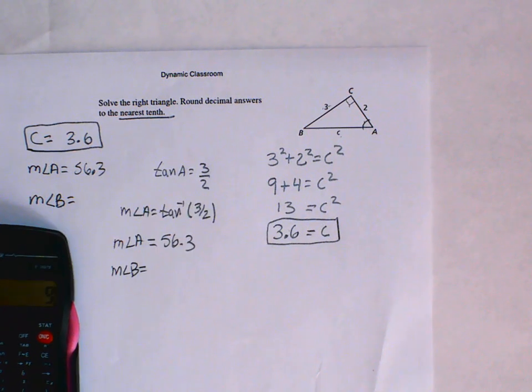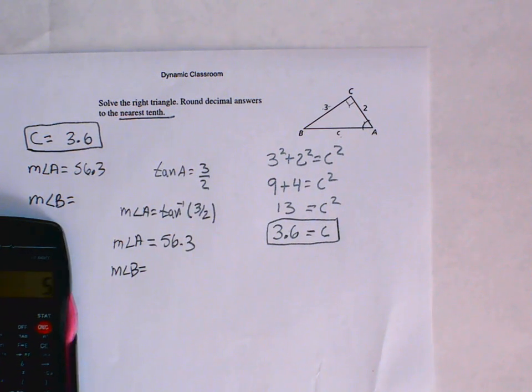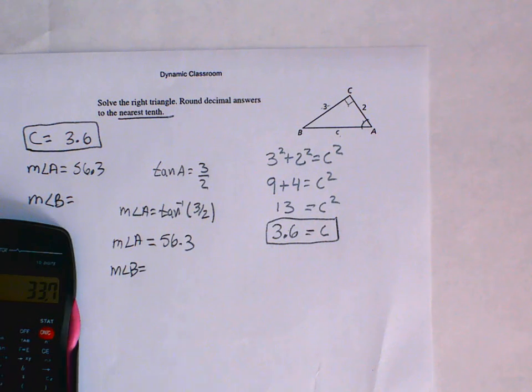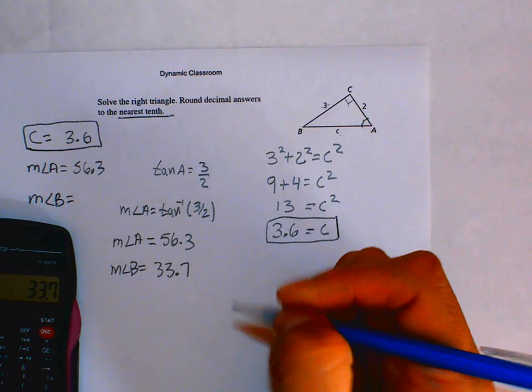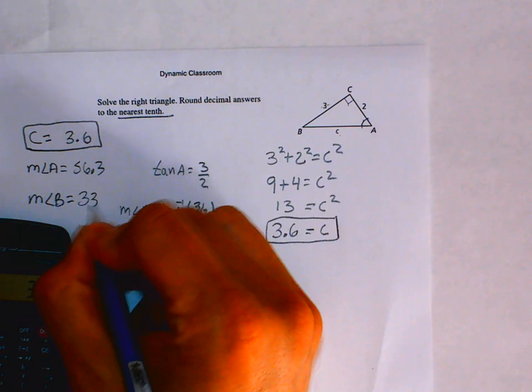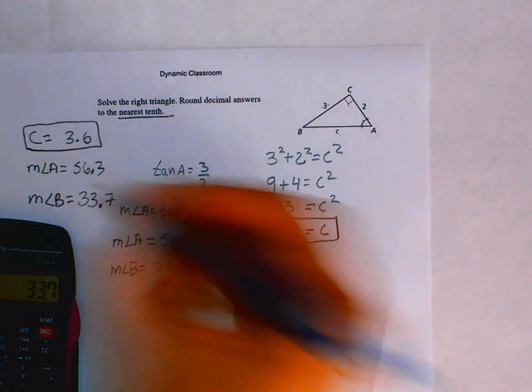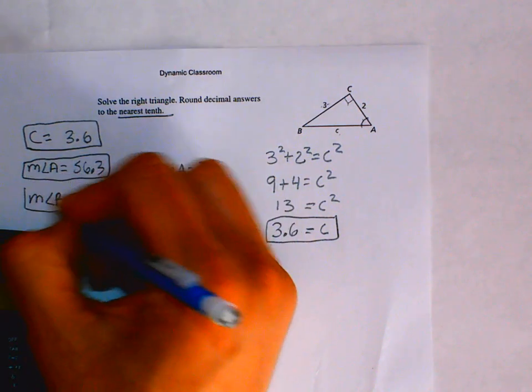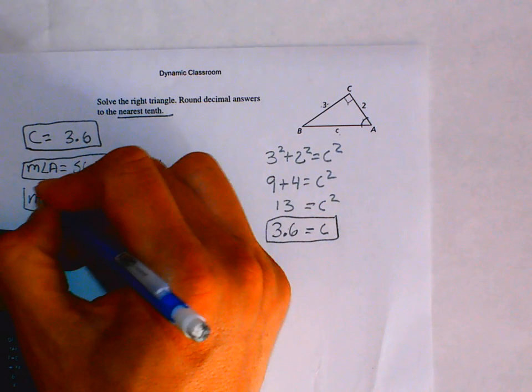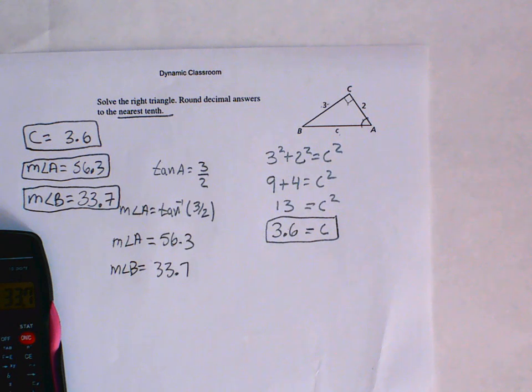So 90 take away 56.3, that's about 33.7. Okay? And therefore, you have now solved for every piece in this triangle.